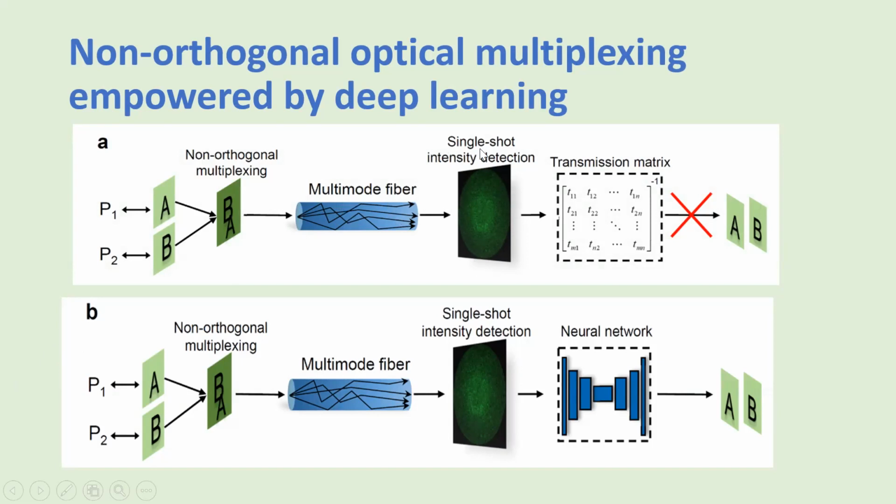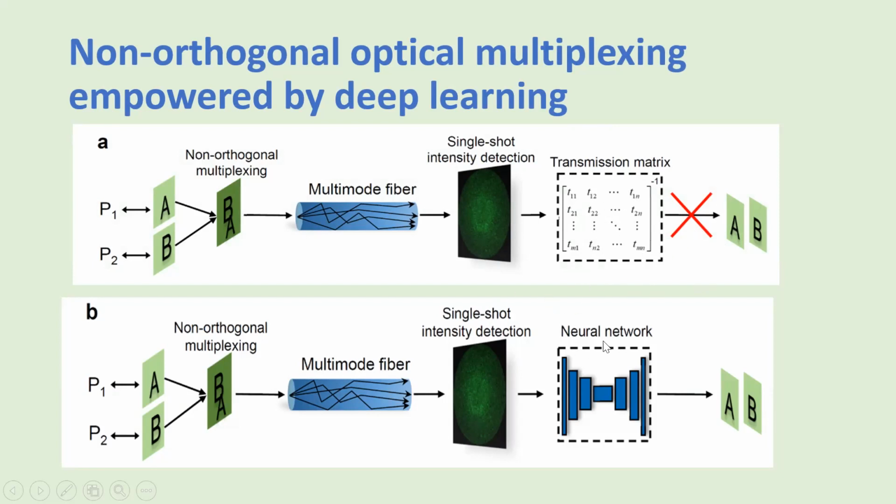And then at the spot of the single-shot intensity detection, this light intensity is picked up and then propagated to its destination. But before it is demultiplexed, there is incorporation of a transmission matrix. The transmission matrix here fails the propagation of this signal to its destination.